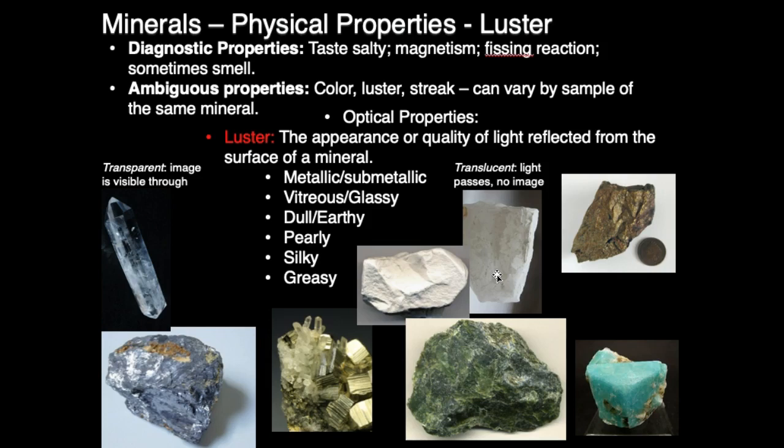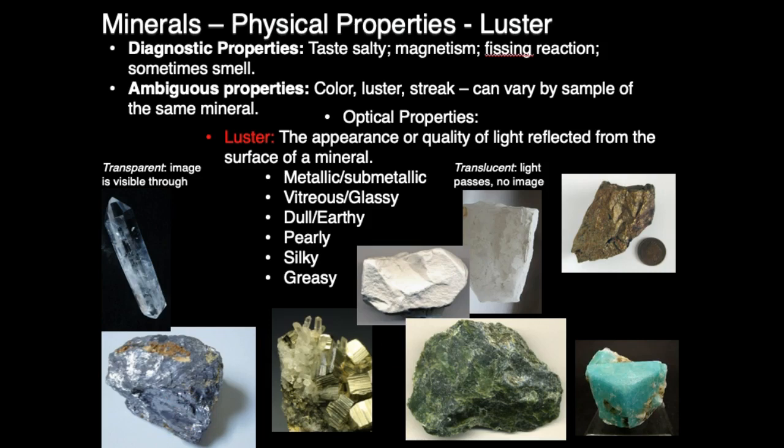Does that make sense? So if I were to hold this mineral on the left next to my eye and look through it, I would see light passing through it, and I would probably also see whatever is lying behind it. If I were to hold this other mineral in front of my eye, I would see the light passing through it, but I'd probably see no image of anything that's behind it. Okay, so that's vitreous or glassy.